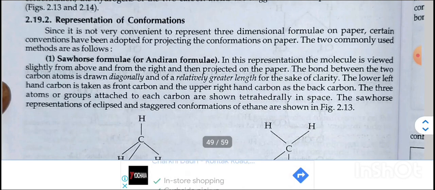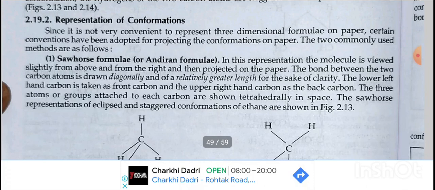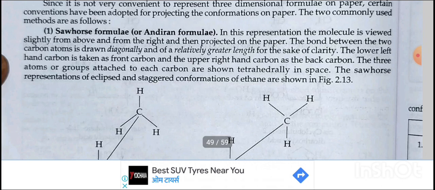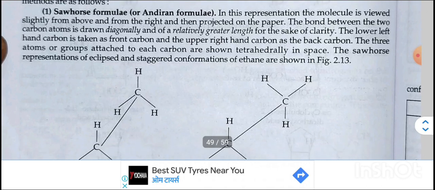Representation of conformations. Since it is not very convenient to present the three-dimensional formula on paper, certain conventions have been adopted for projecting the conformation on paper. The two commonly used methods are as follows: Sawhorse formula. In this representation, the molecule is viewed slightly from above and from the right and then projected on the paper.